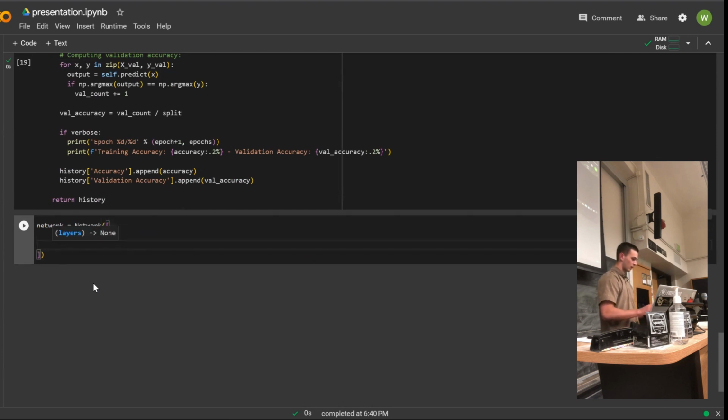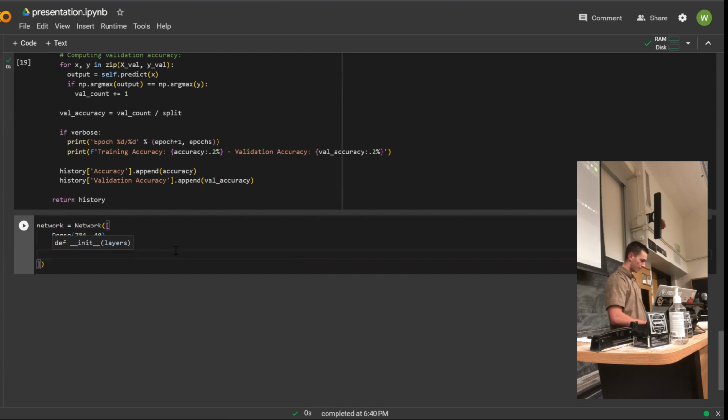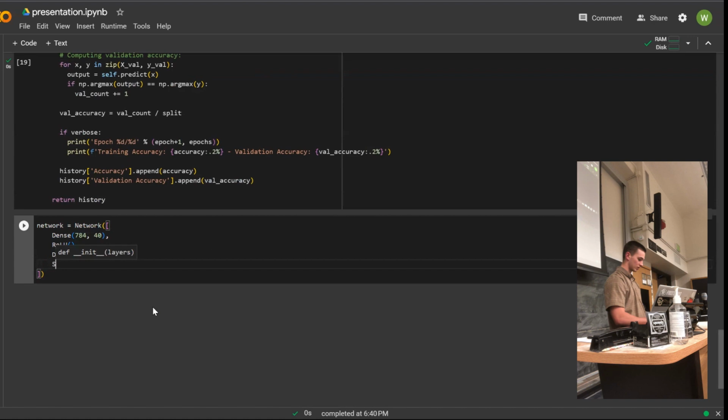And here we've got some parameters. They're just kind of arbitrarily defined, but here we're going to pass that into 40 output variables. And then we need to apply our ReLU activation function. Then we're going to do one more dense layer. And we're going to map that to our 10 digits and then apply the softmax function.